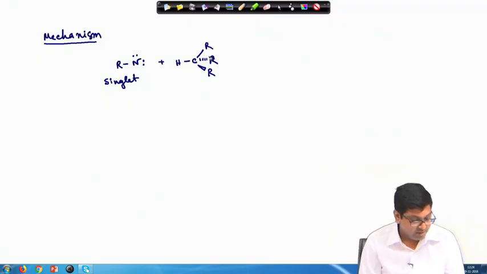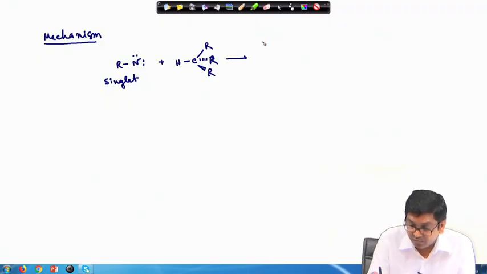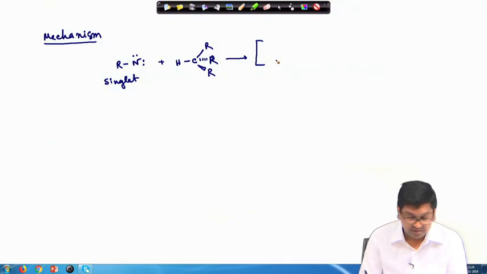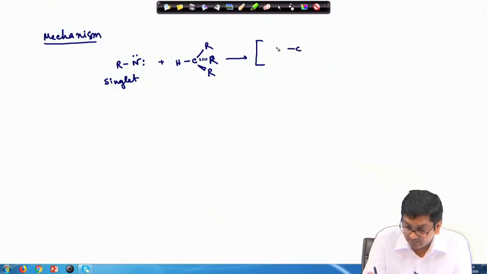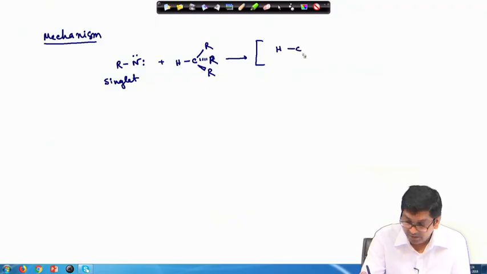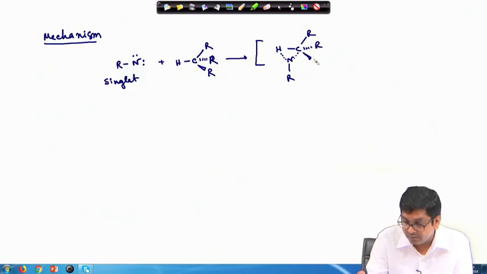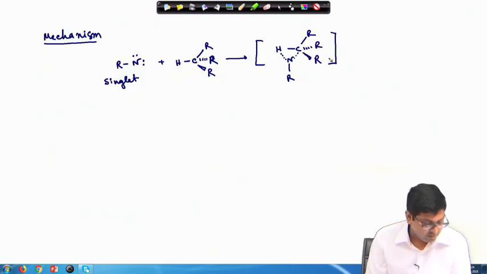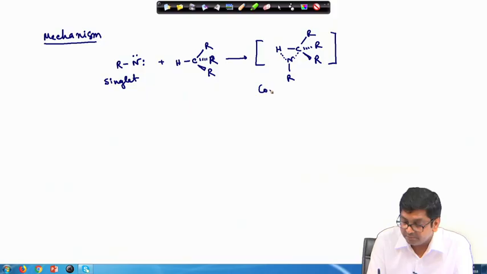R. Okay. The insertion mechanism will follow through this transition state, okay, through this concerted manner.